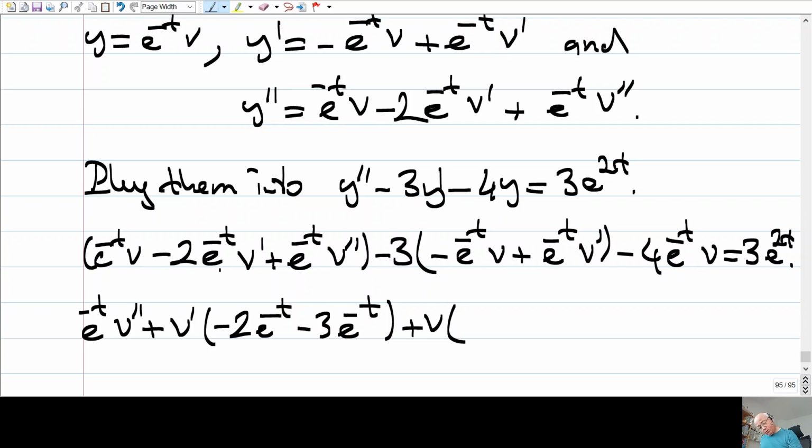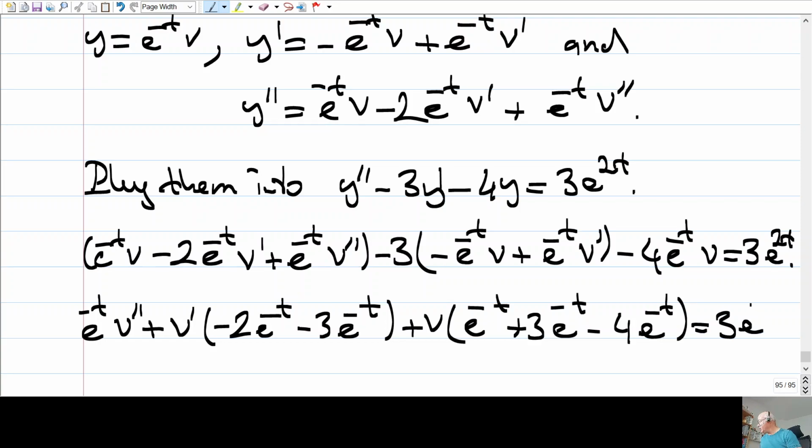The coefficients are e to the power minus t, plus e to the power minus t, minus 4 times e to the power minus t, equals 3 times e to the power 2t.